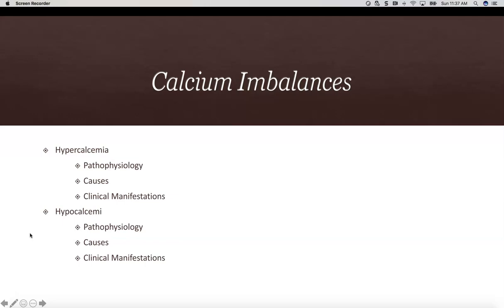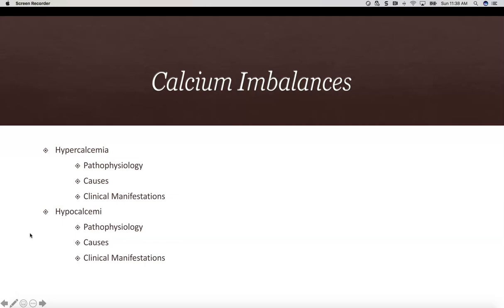That would indicate tetany. And Chvostek sign, where you tap the facial nerve 2 centimeters anterior to the earlobe, just below the zygomatic arch. Twitching of the facial muscle also will indicate tetany. So those are 2 tests to look at for hypocalcemia.